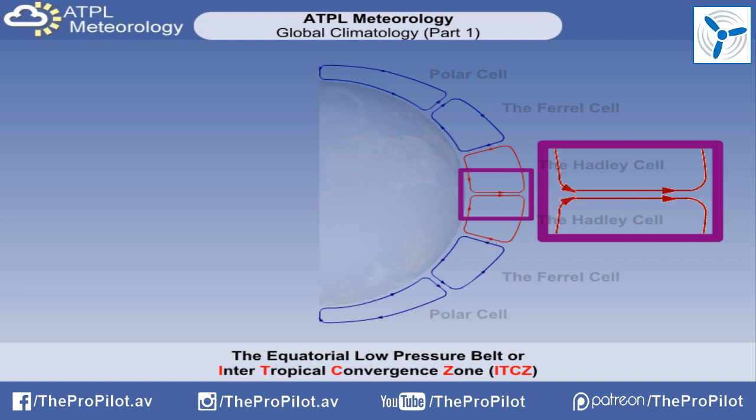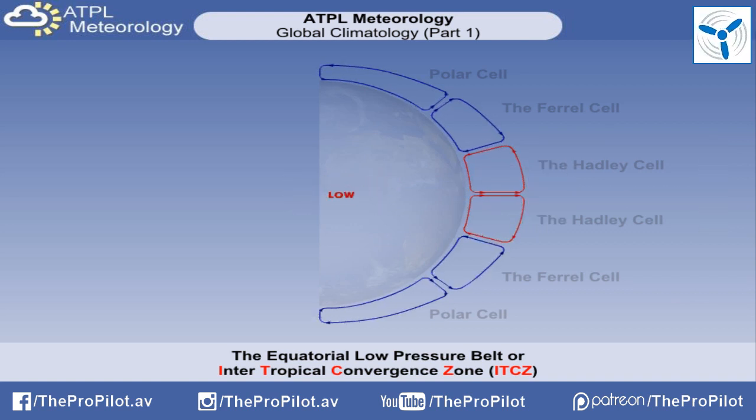We have learnt from previous lessons that a net loss of air reduces the weight of the atmosphere against the surface. Therefore, a low pressure zone is created. This belt of low pressure is found all across the Earth and is called the equatorial low pressure belt, or the intertropical convergence zone, the ITCZ.